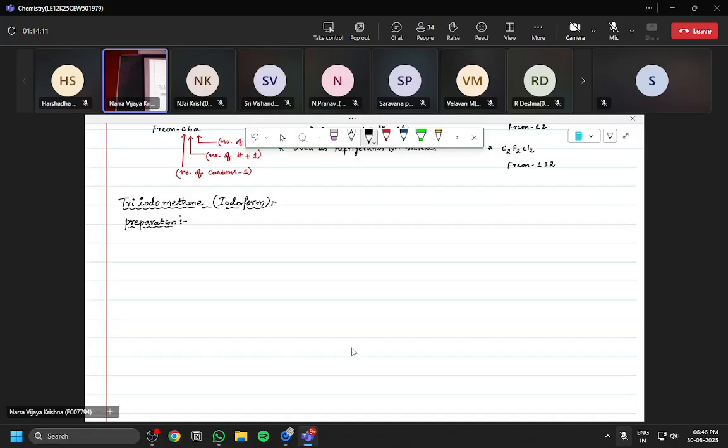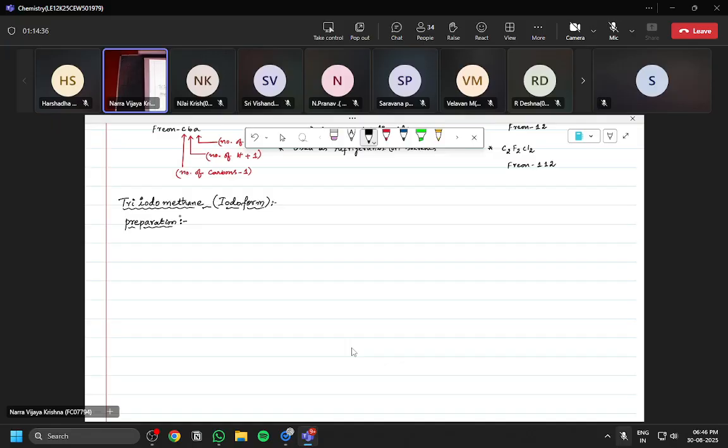In this chapter, the important named reactions are Borodin-Hunsdiecker, Williamson, Sandmeyer, then Finkelstein, Swarts, then Lucas or Bruce, then Dow's process, formation of phenols: chlorobenzene in presence of base forms phenols.